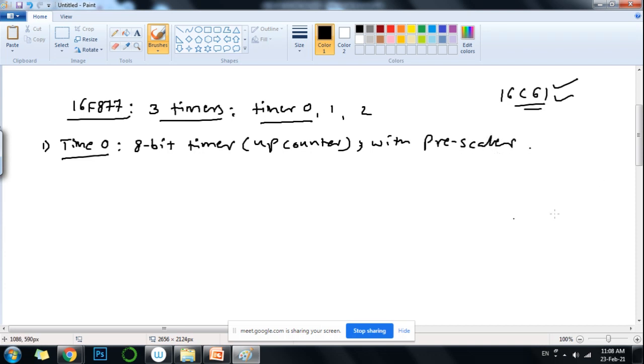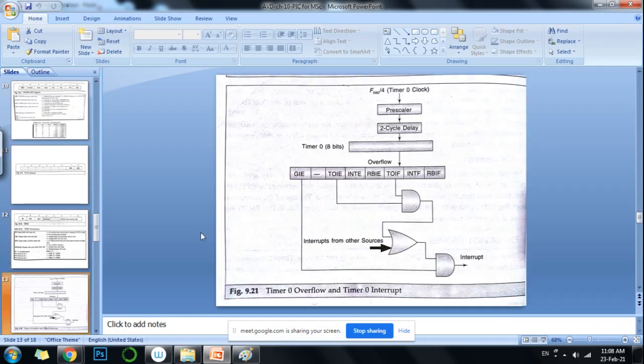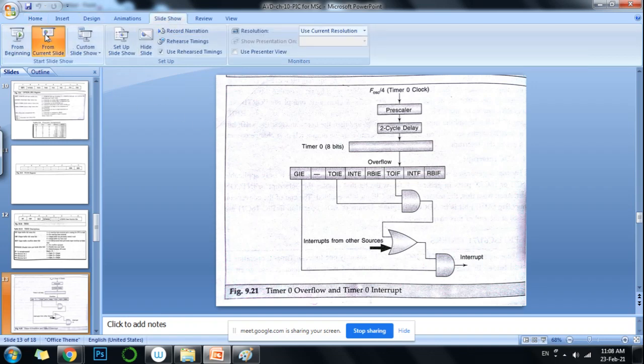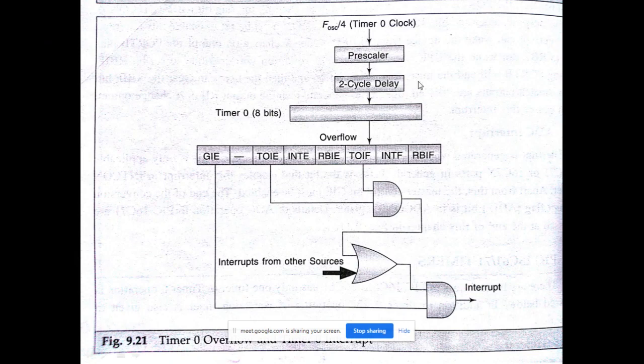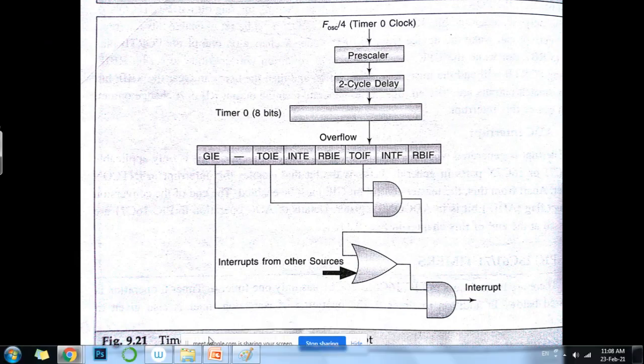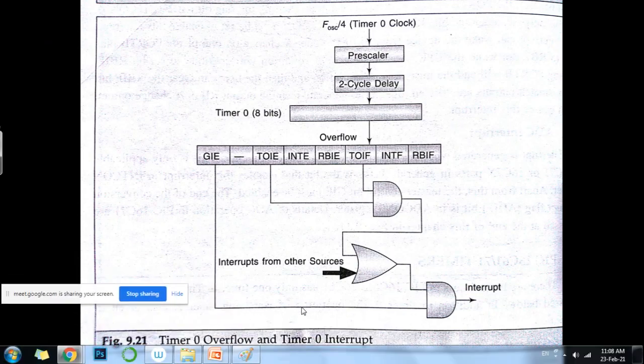So if you consider the timer, you can see it here. That's the block diagram of Timer 0. Because it's basically a timer, the clock is taken from the CPU oscillator.